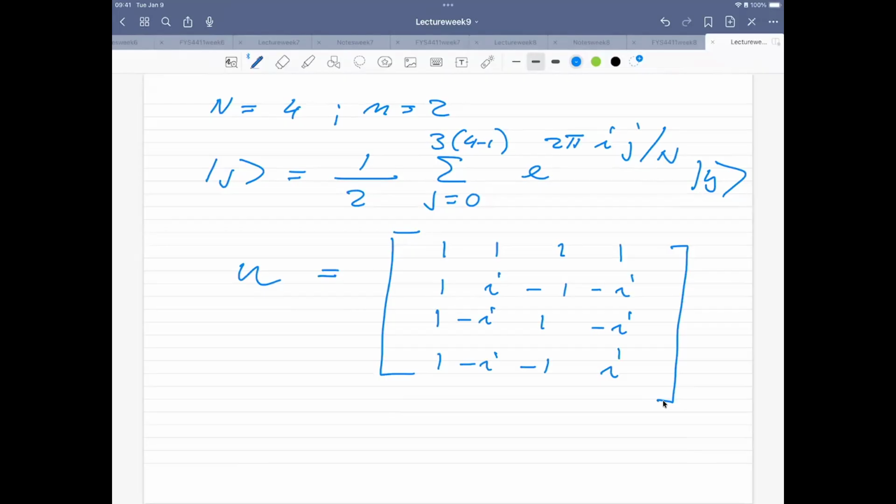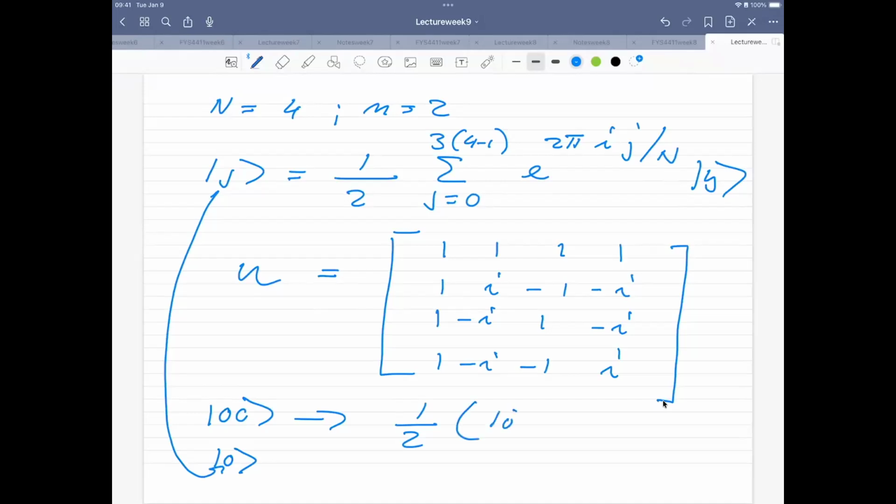So if I look at the state 0, 0, and how that gets transformed, so what I would get then, if I look at the new state, so if I act with this QFT on the 0, 0 state, this is going to be given by the following. So I'm going to have 1 over 2. So this is actually us looking at a state which is 0. If I look at this one, so j equal to 0, that is going to be given by the following.